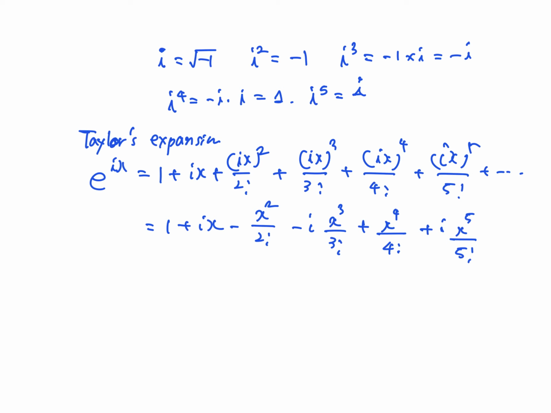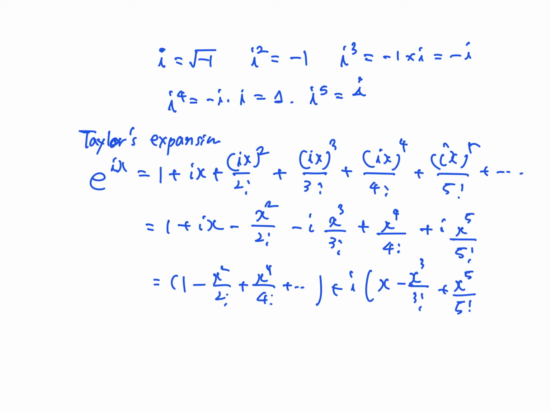We can put together the real part and the imaginary part: 1 minus x squared over 2 factorial plus x to the 4 over 4 factorial, etc., plus i times x minus x cubed over 3 factorial plus x to the 5 over 5 factorial minus, etc.